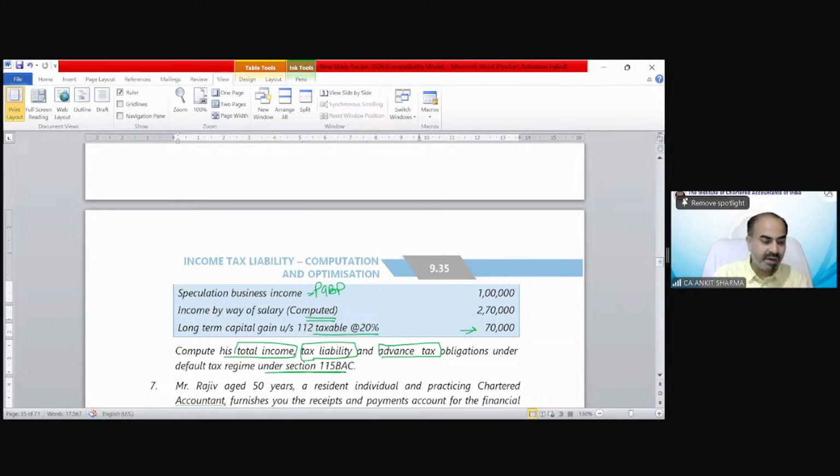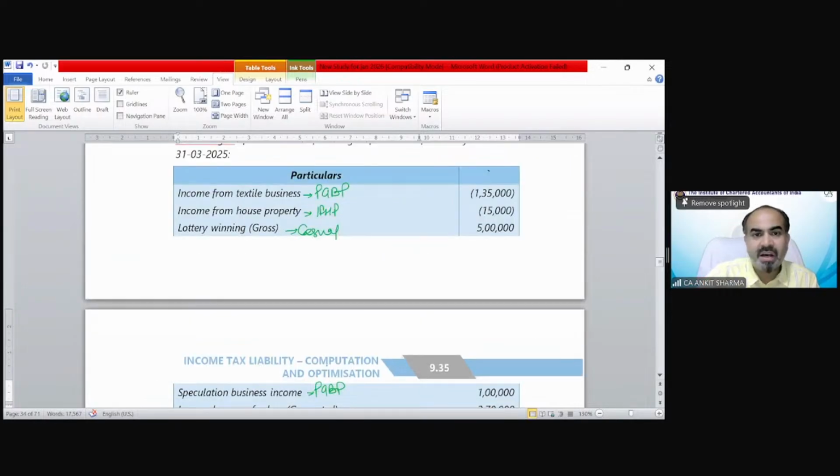So we have to calculate the tax etc. And you can see the income from PGBP was a loss. Income from house property was also a loss. So this question comprises the set of provisions, calculation of GTI, total income, and the calculation of tax having special rate also in this, and the calculation of advance tax also.